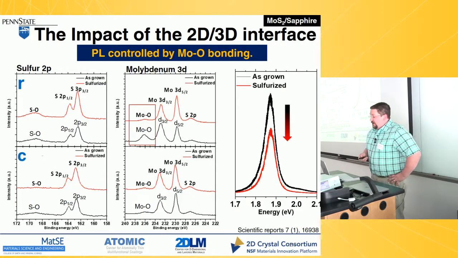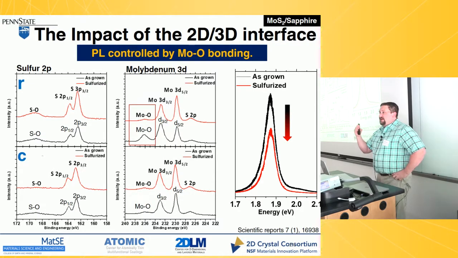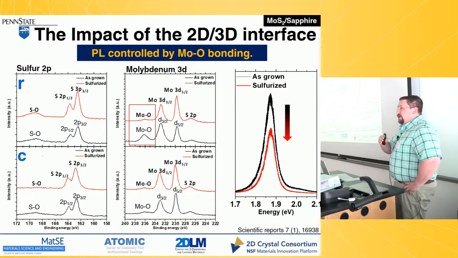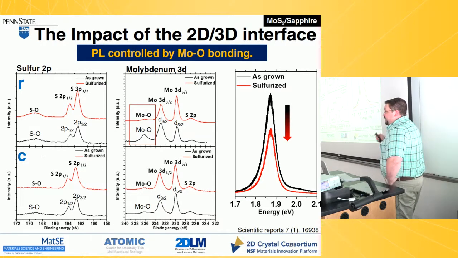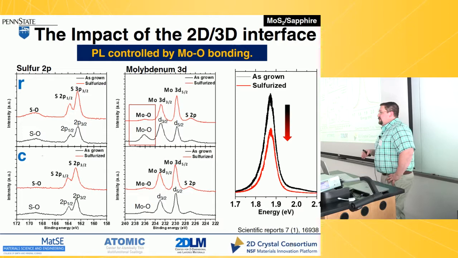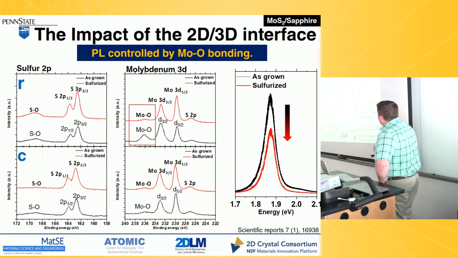But what we found with this annealing is that our photoluminescence decreased. So it went back down. It didn't go all the way back down, but it did decrease. And we can go through this cycle of oxidation, sulfurization, and this peak will go up and down and up and down until it just completely quits on you because you've messed with it so much that it's done.